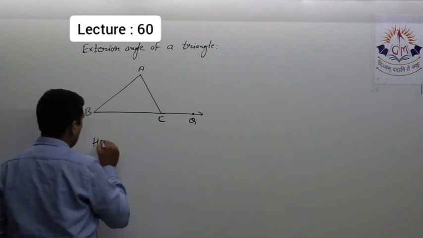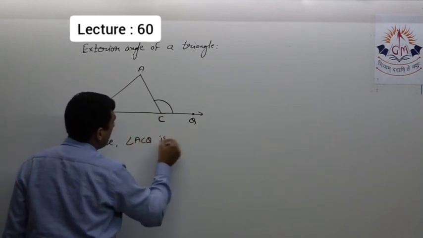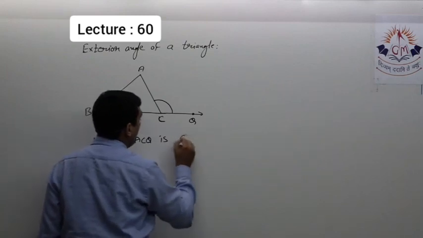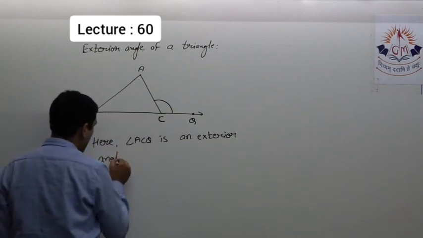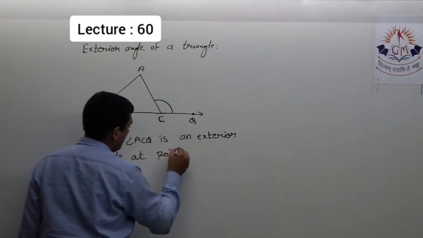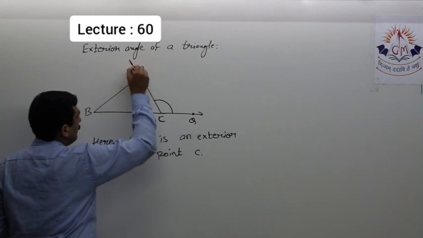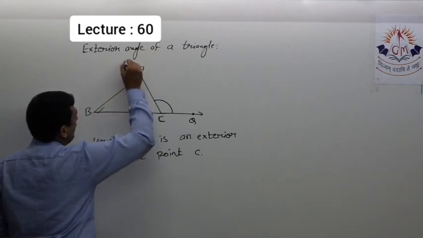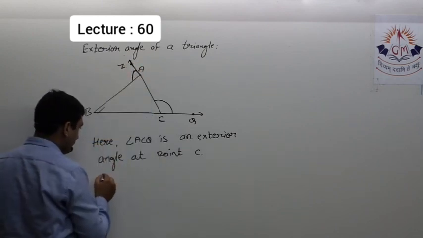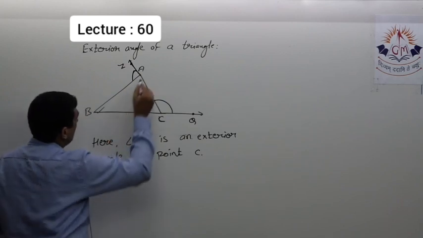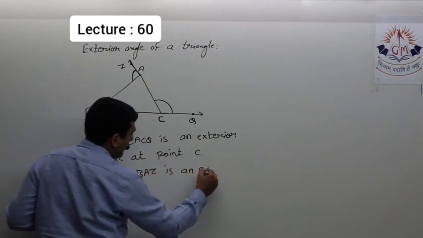Here angle ACQ is an exterior angle at point C. Similarly, if I extend this side to point Z, then angle BAZ is an exterior angle at point A.